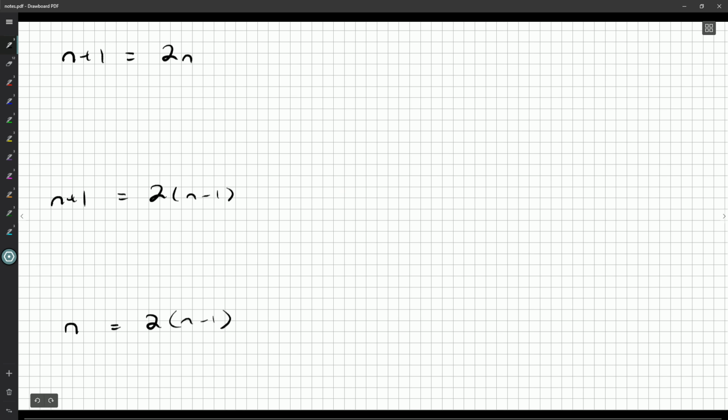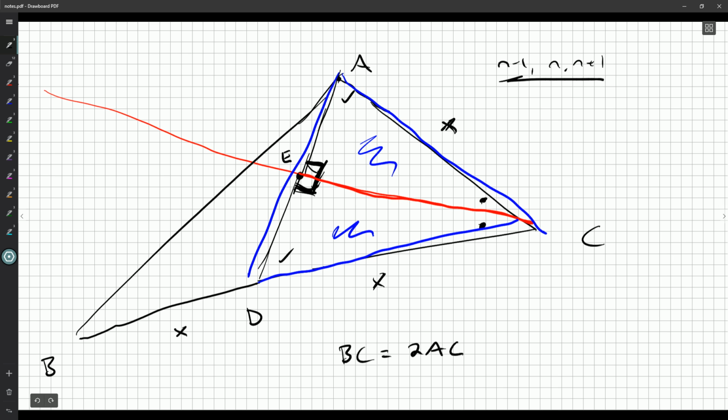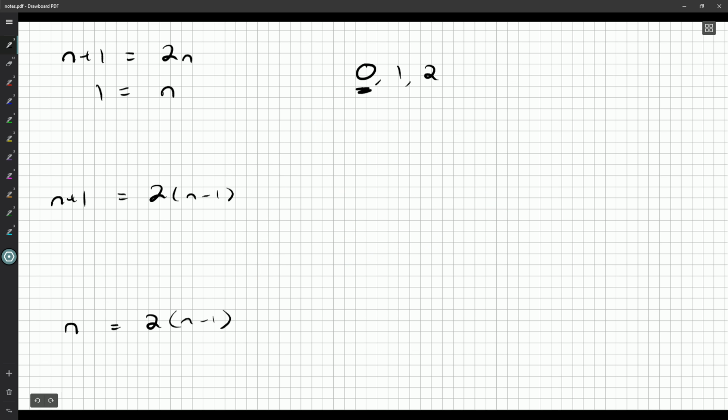Like this first one here, subtract n from both sides, and you'll get 1 has to be n. So you're looking at a triangle that does 0, 1, 2. That's not a triangle because you can't have a side length of 0. But if my lengths were n minus 1, n, and n plus 1, these are 3 consecutive numbers, and so this clearly isn't the relationship we're looking for.